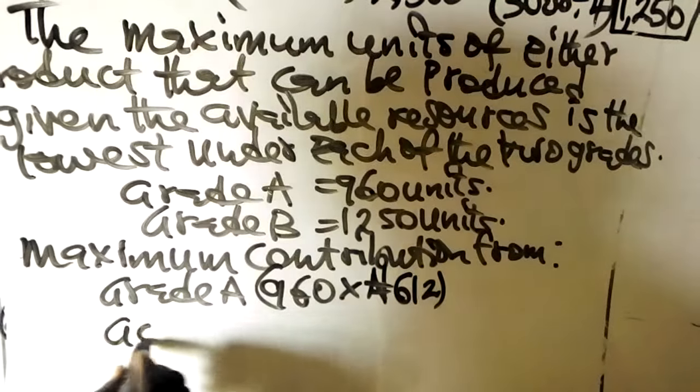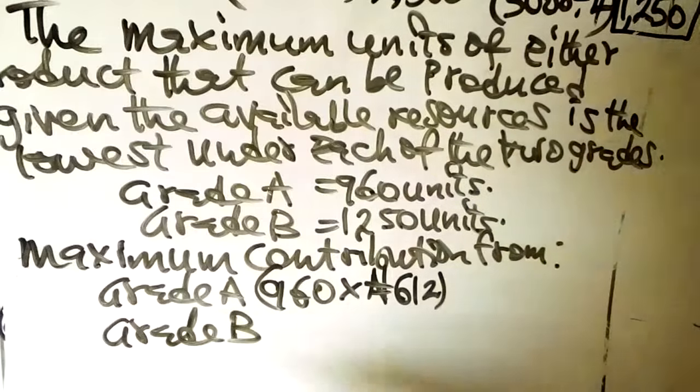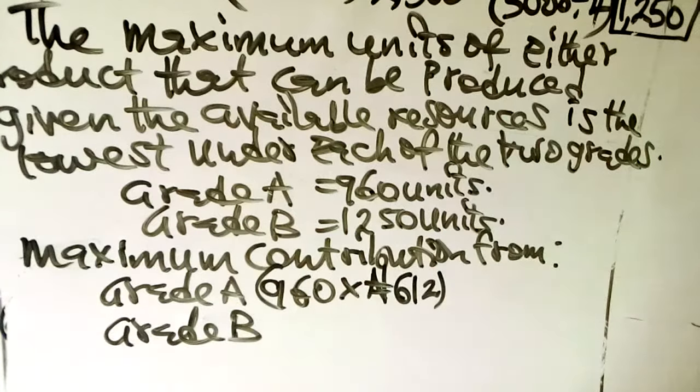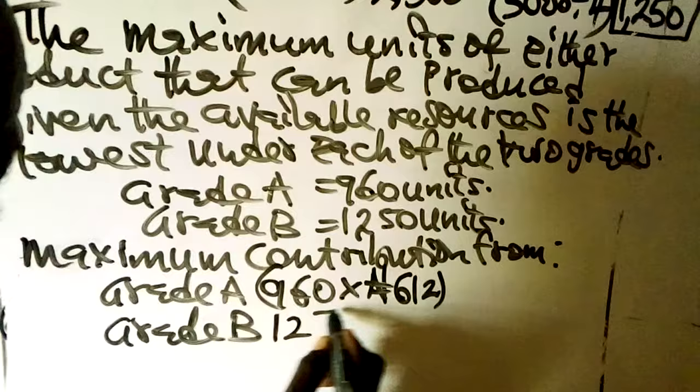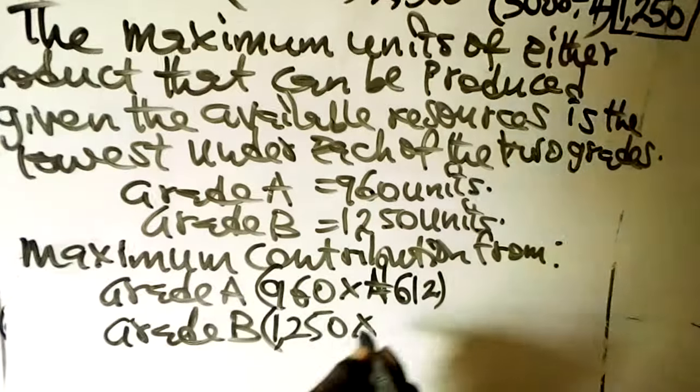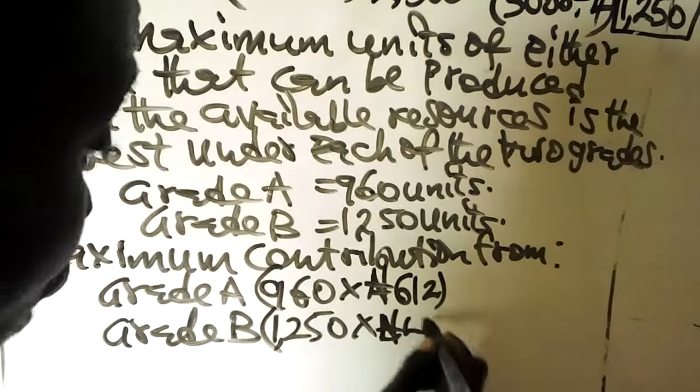For grade B, the maximum units produced is 1,250. And from our objective function, we have 456 naira for grade B.